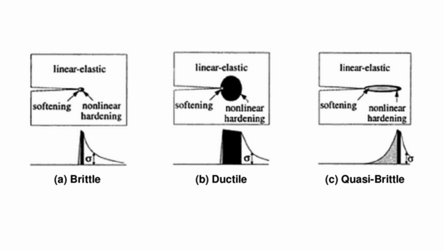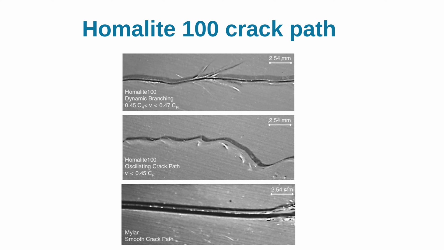Studying the resistance to initiation, or slow propagation, or to rapid propagation can be significantly different for the same polymer material. Homalite 100 and polymethyl methacrylate, PMMA, have regularly served as model materials for studying materials with brittle linear elastic behavior. Their fracture facies have been widely described.